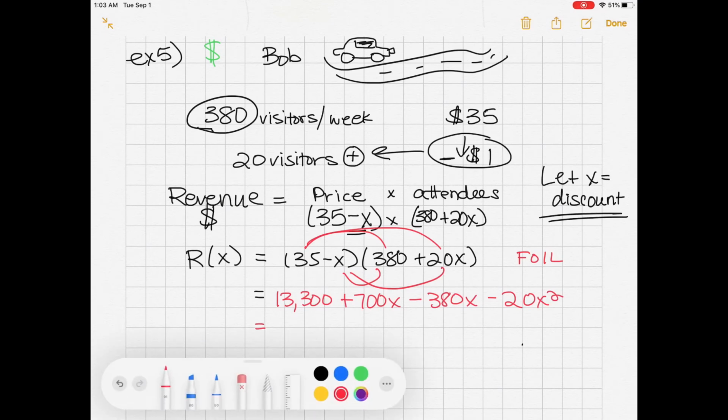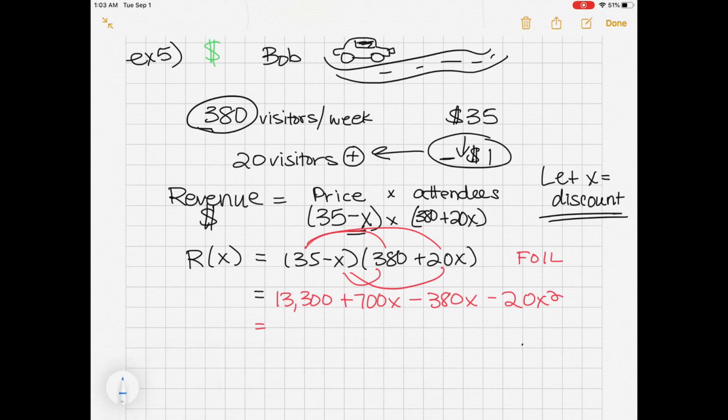Well, what do we have here? We're looking at a quadratic function.